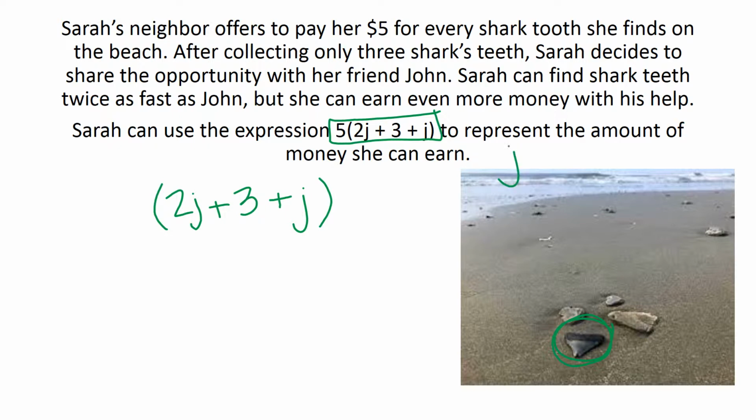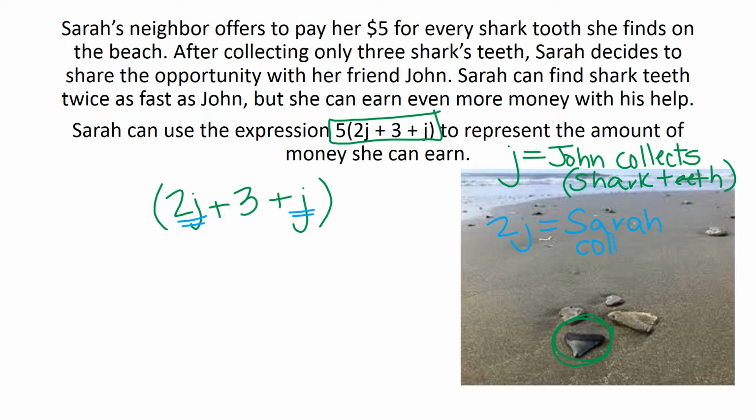And so j in this problem represents the shark teeth that John collects. So if we look at our problem, j represents the shark teeth that John collects. 2j represents really Sarah, because Sarah can collect twice as many as John. So the 2j is really saying this is what Sarah's collecting.